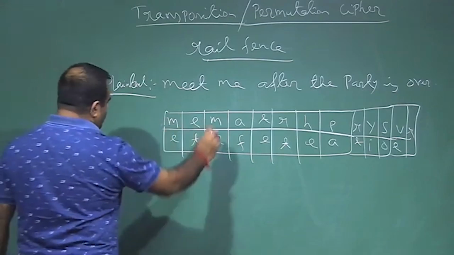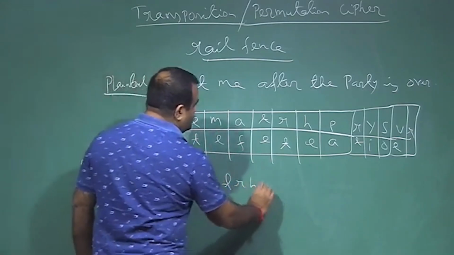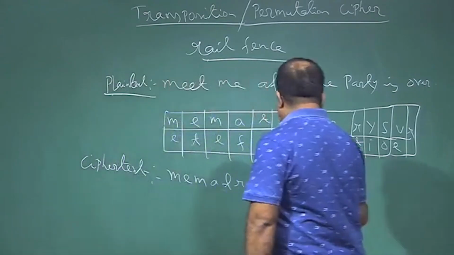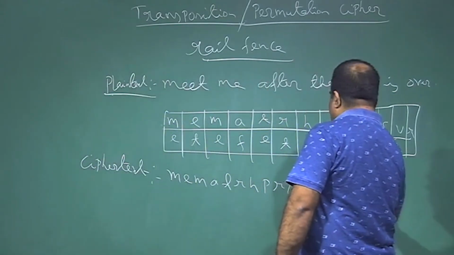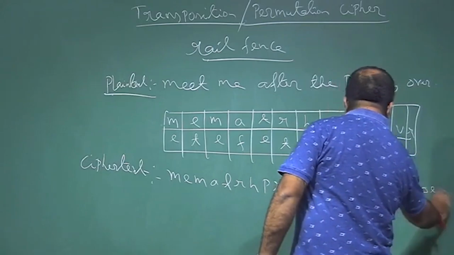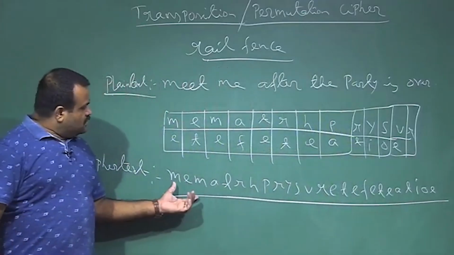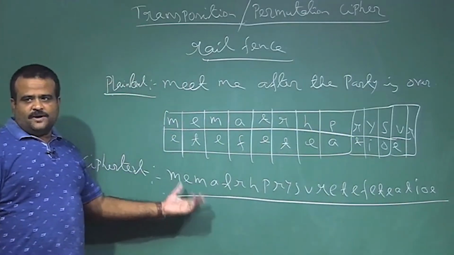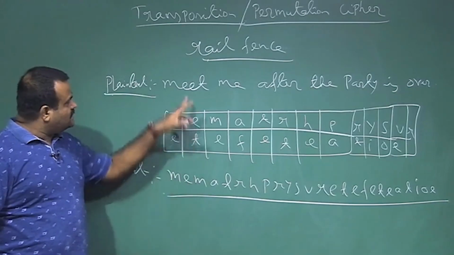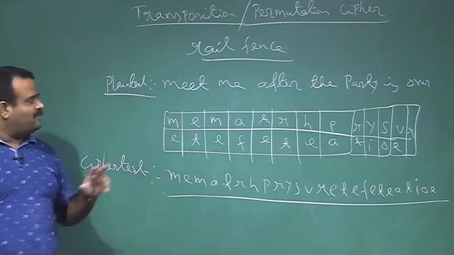So, if we read it row wise, this is M E M A T R H P R Y S V R E T E F E T E A T I O E. So, this is the ciphertext, and it is not so obvious to guess what the plain text was. So, this technique is called the rail fence technique.